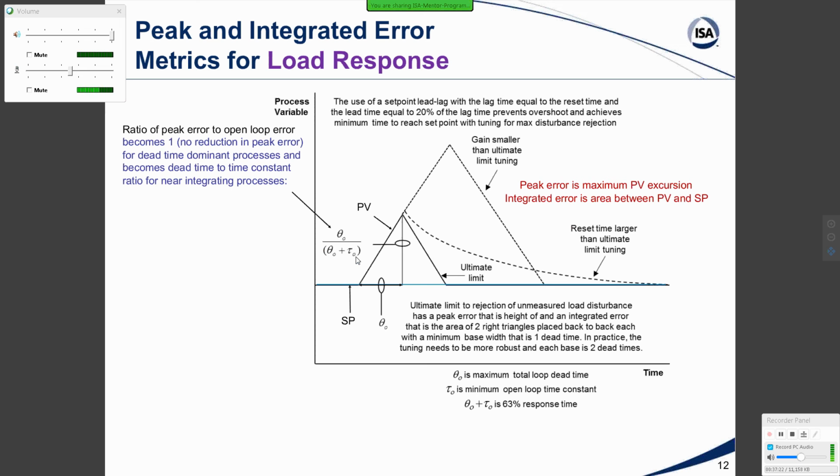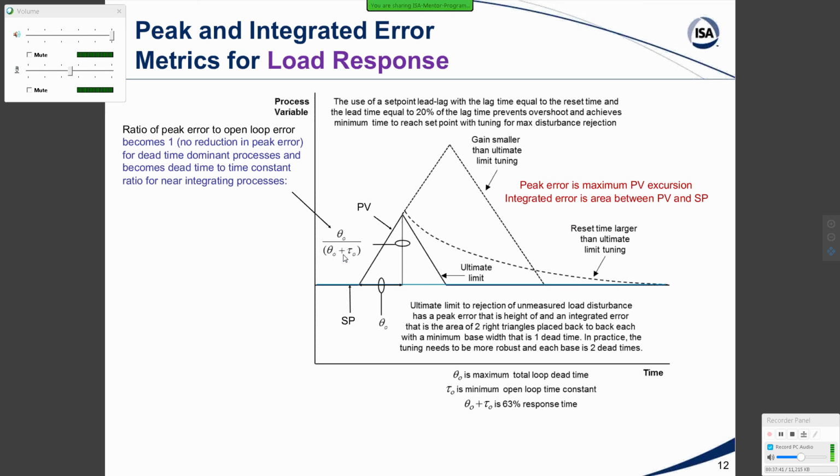Now, what happens if you have a very large dead time process? In some process industries that can happen, not as often as you might think. But as that happens, this ratio approaches 1 if the dead time is very large compared to the time constant.